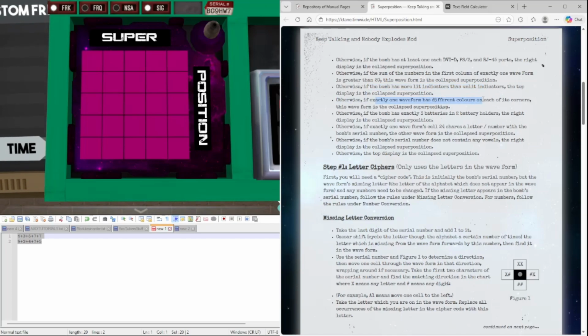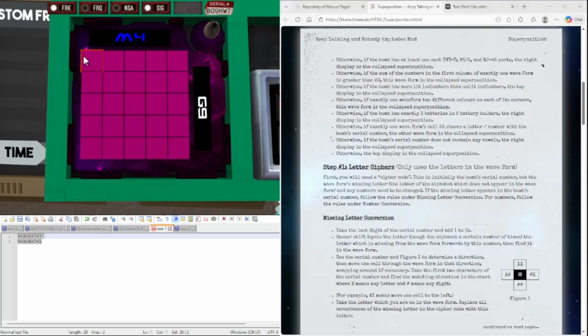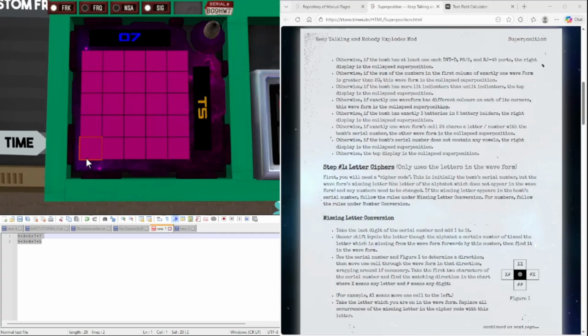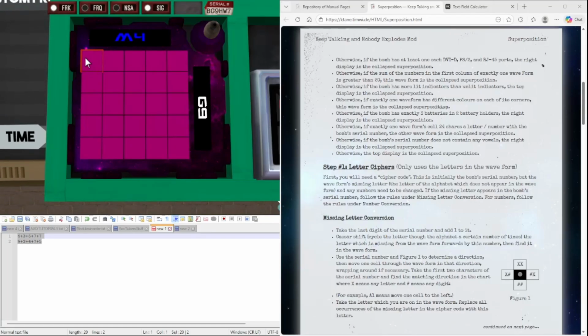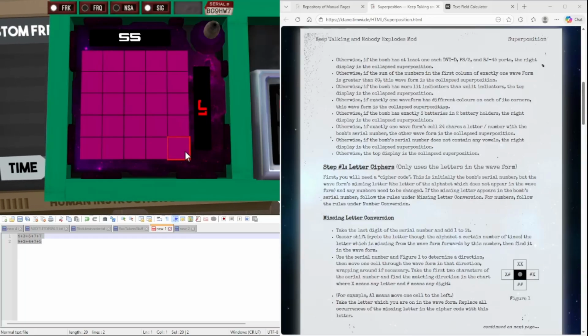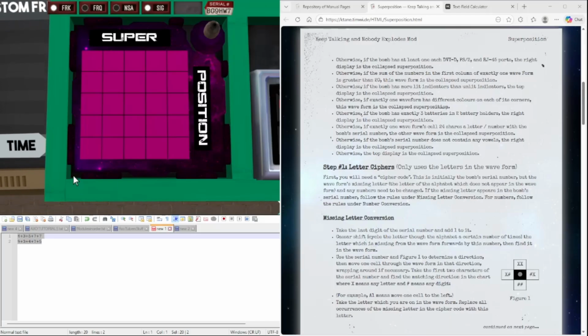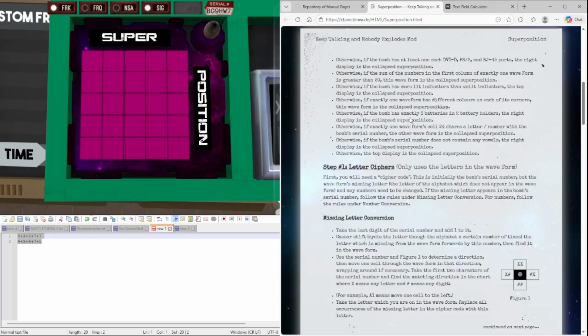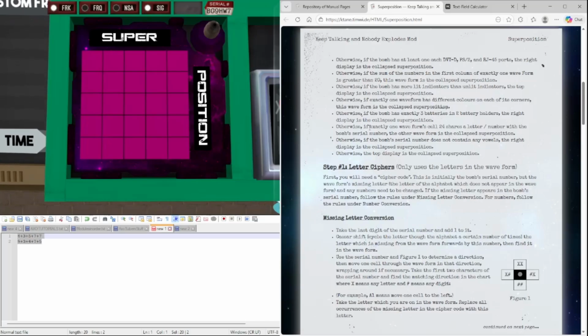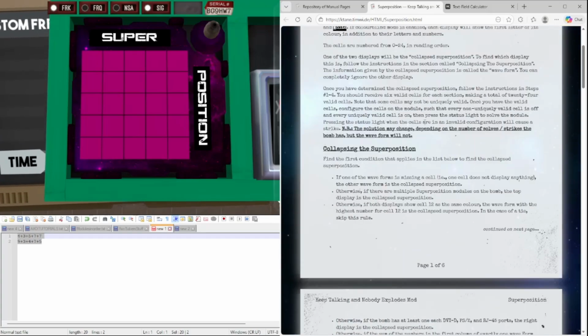If one waveform has different colours in each of its corners: blue, red, white, blue, so no, and then white, red, red, no. One has exactly 3 batteries and 2 holders, no. The one waveform's cell 24, so that's the last one, isn't it?